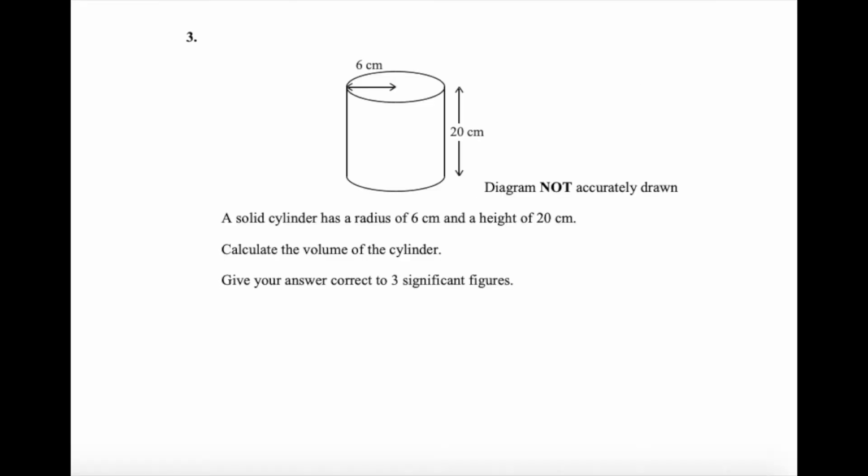Question number 3 says, a solid cylinder has a radius of 6 centimeters and a height of 20 centimeters. Calculate the volume of the cylinder. Give your answer correct to 3 significant figures. So volume equals pi times radius squared times height.